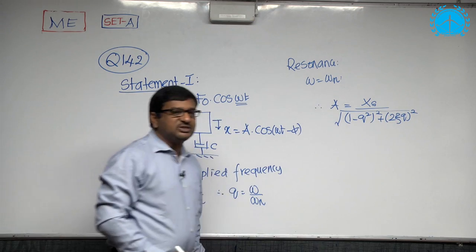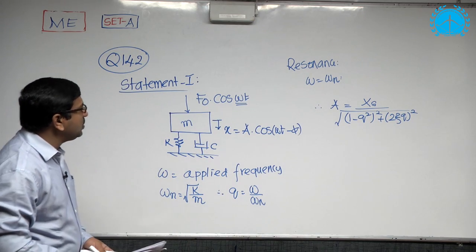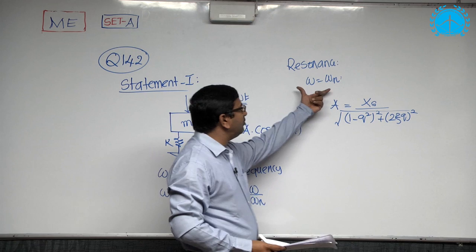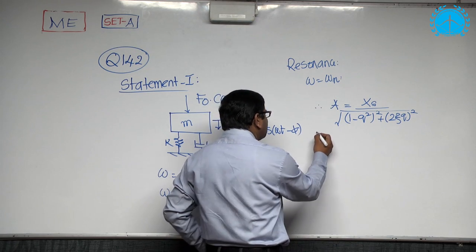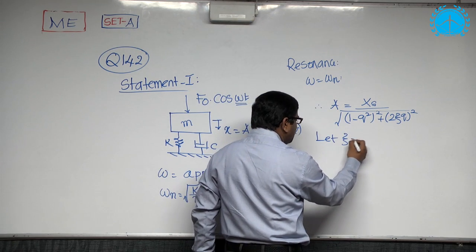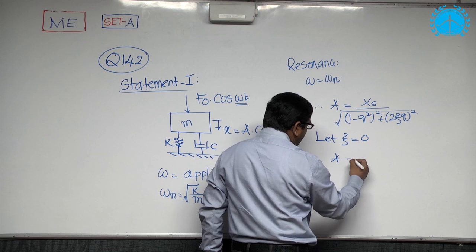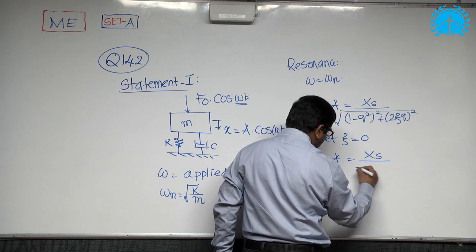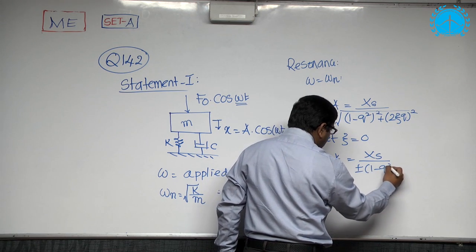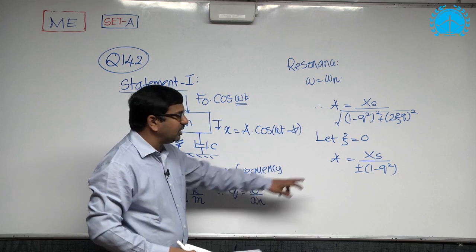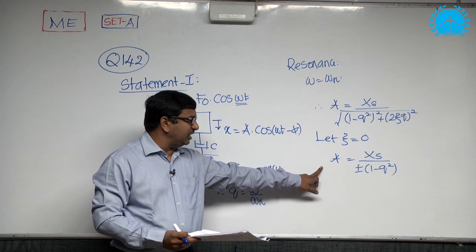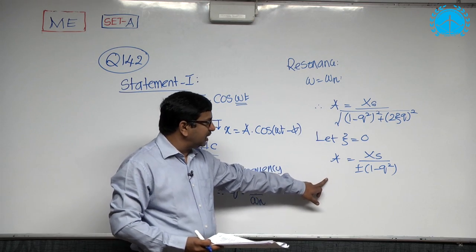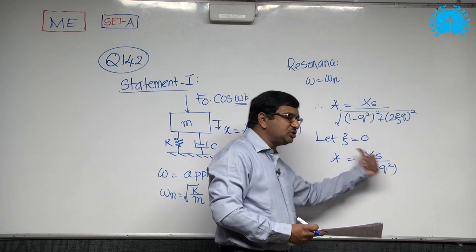So when q is equal to 1, or omega is equal to omega n, and let us assume there is no damping, this becomes A equal to xs divided by plus or minus (1 minus q squared). When q is equal to 1, the dynamic amplitude becomes infinity without the damper, and with the damper it again gives infinity.